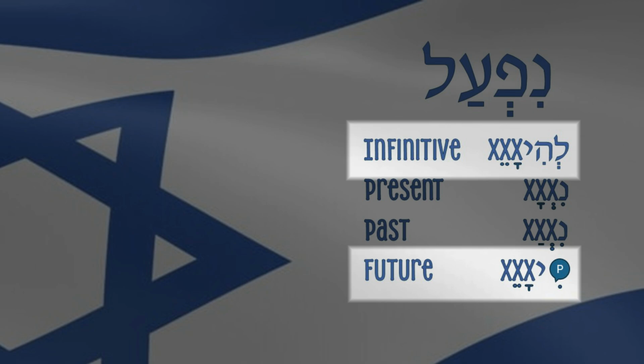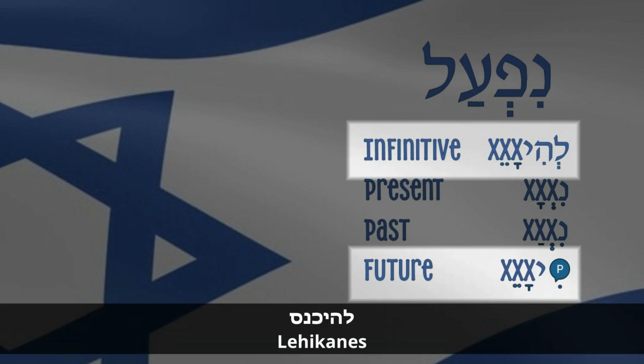Yi'a'e, ti'a'e. All of them with a yod, except for the ani form. I don't know why, but because of the aleph, the ani form doesn't need it. And so, for example, we have lehikanes, means to enter. So tikanes, yikanes, but ekanes.